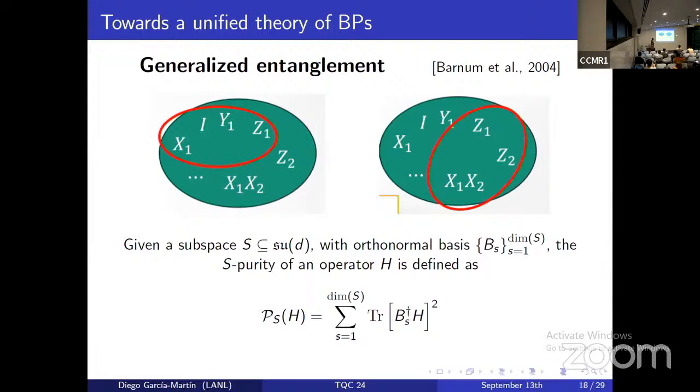So what is this? Say we have a given operator subspace that has an orthonormal basis D_s. Then the S-purity of an operator H can be computed with this formula. Basically, what you're doing is orthogonally projecting onto your operator subspace and computing the component that you have in that subspace.